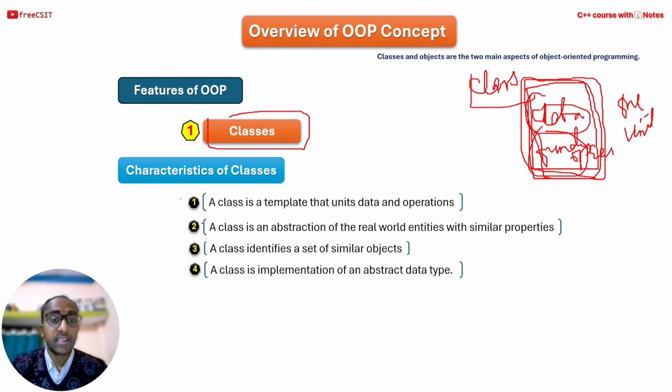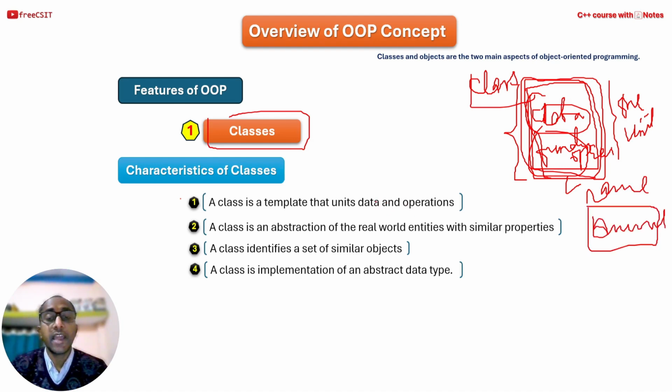A class is an abstraction of a real world entity with similar properties. Just like animals, which have many features.